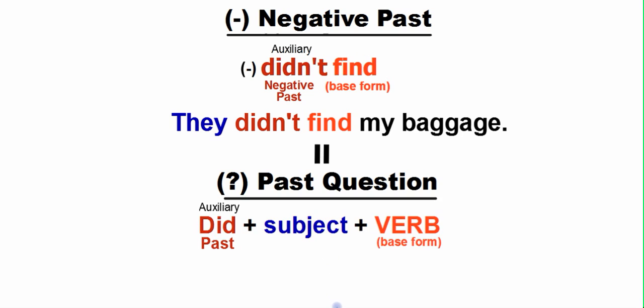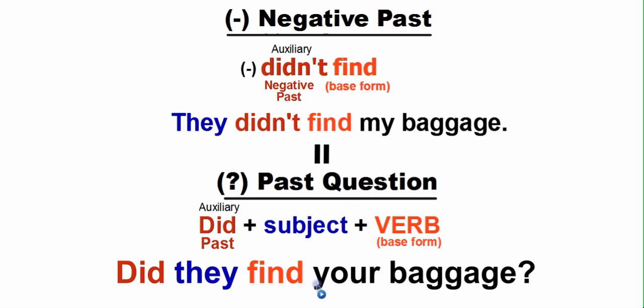For example, when we use a past question, we use the auxiliary verb did first to indicate it's a question in the past tense. Then we use the subject, then we use the verb in the base form. For example, did they find your baggage? Notice I use the past tense on the auxiliary and the base form of the verb.